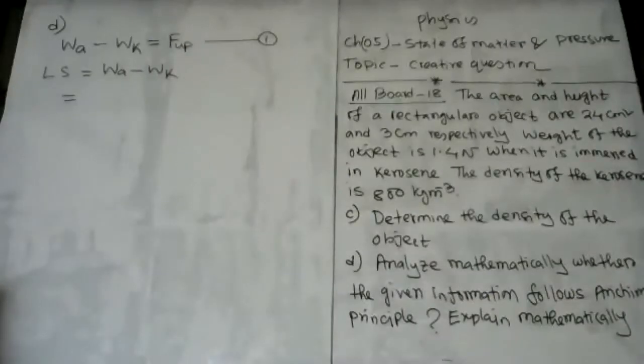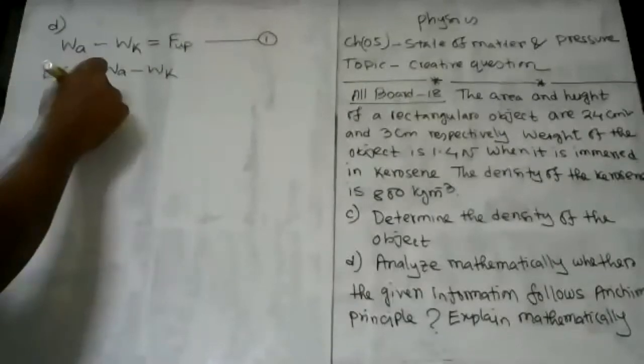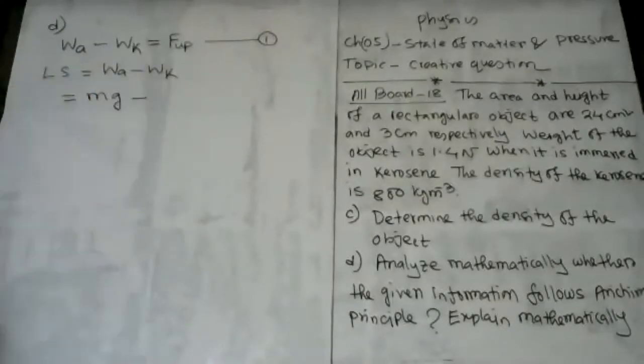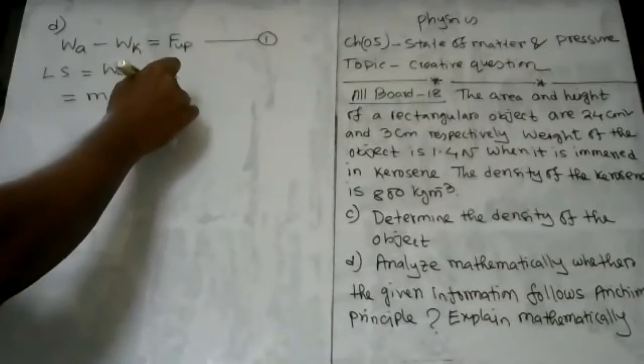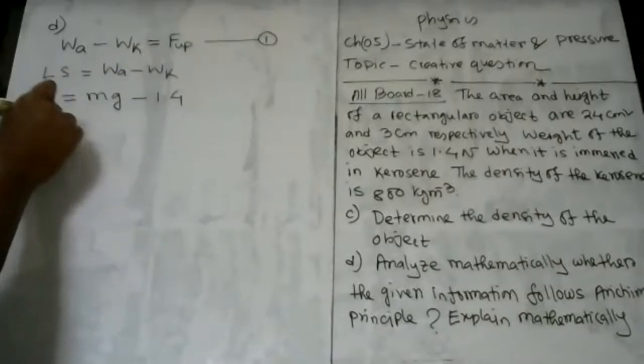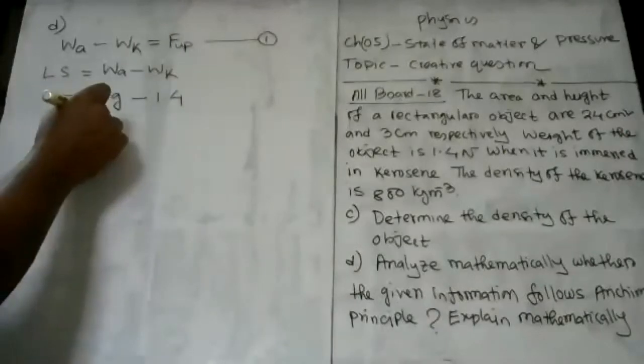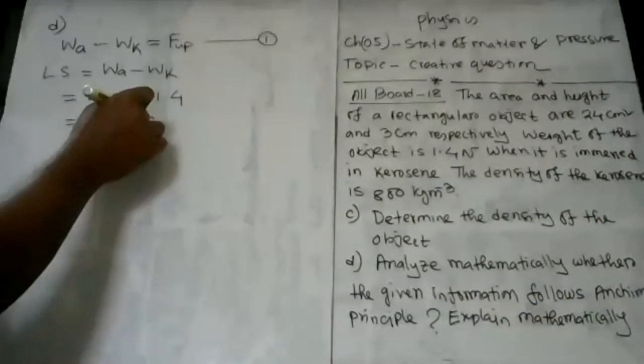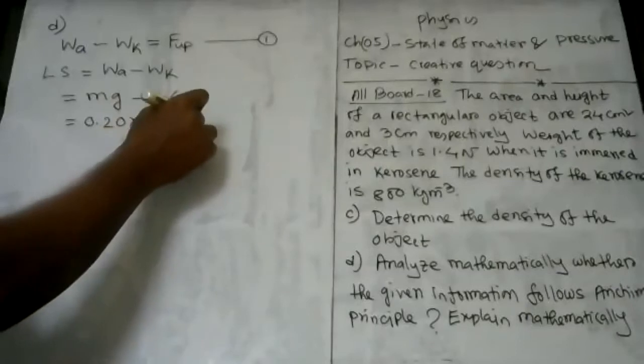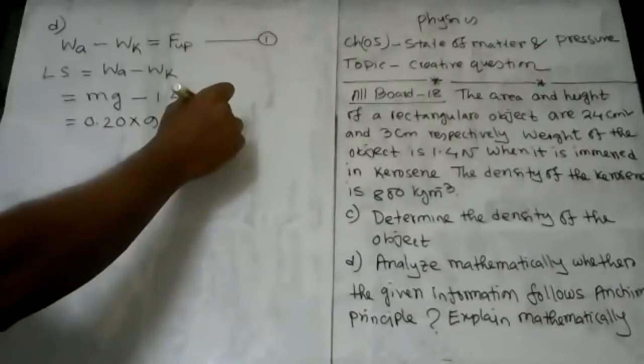Weight in air equals m into g, and minus weight in kerosene equals 1.4. What was the mass of the body from question number C? I think it was 0.2. So 0.20, okay, very good. So it was 0.20 and g equal to 9.8, and then 1.4.